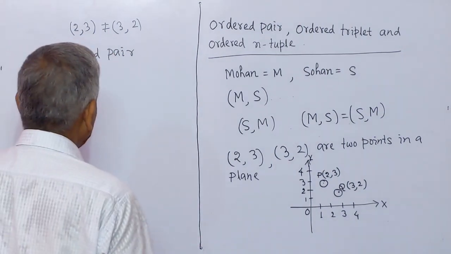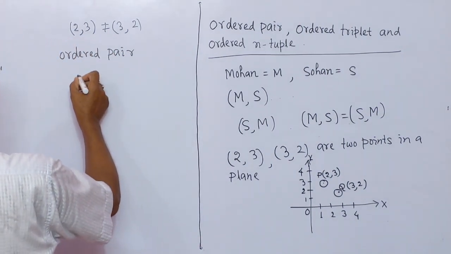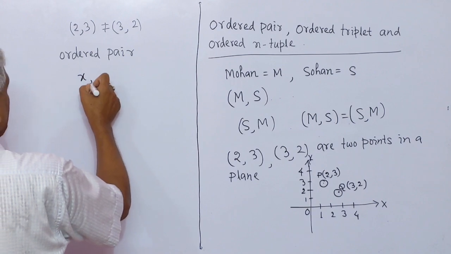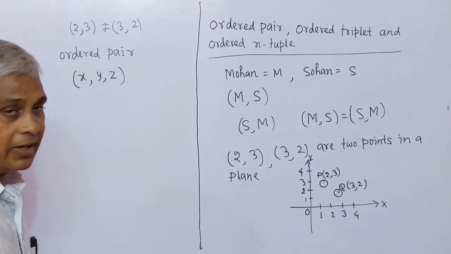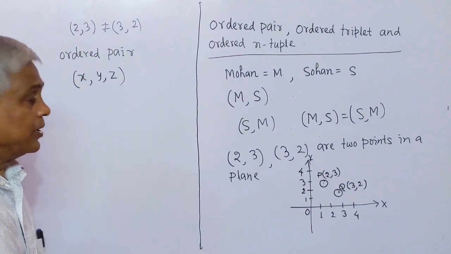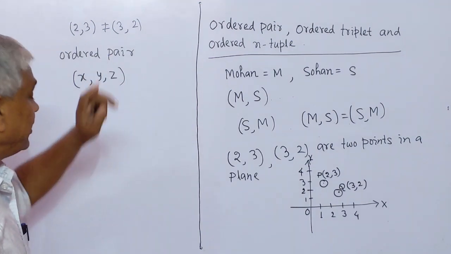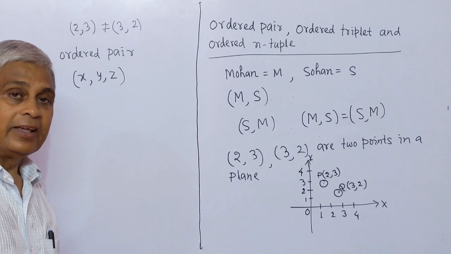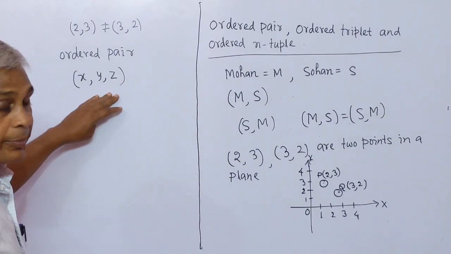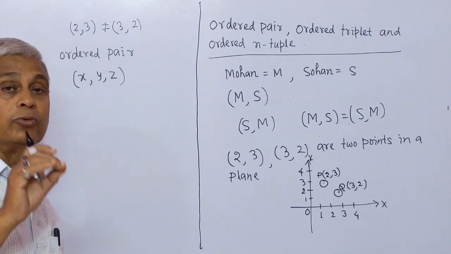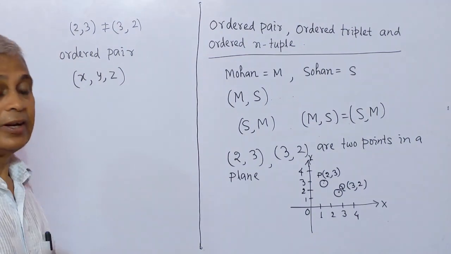Similarly, we may write an ordered triplet X, Y, Z, three entries. If the place of the entries is changed, and the meaning is changed, then this type of triplet will be known as an ordered triplet.